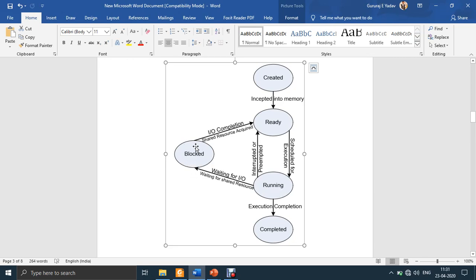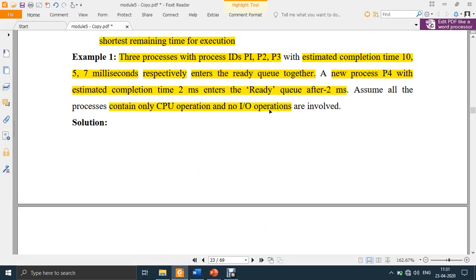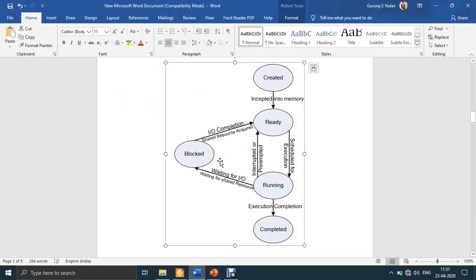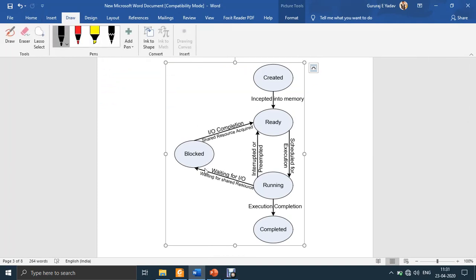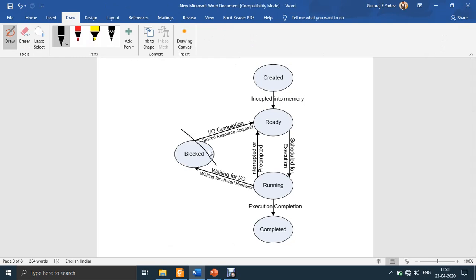That is the use of the blocked state. In this example, there are no IO operations. That means there will be no blocked state at all. So we have to remove this. For the example that we are discussing, there is no blocked state.